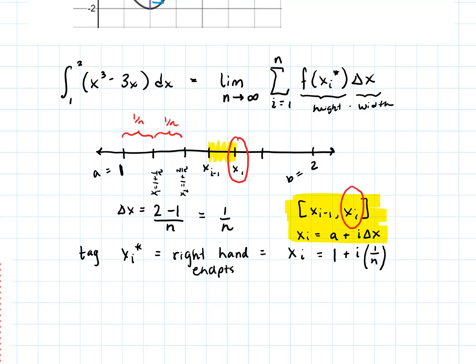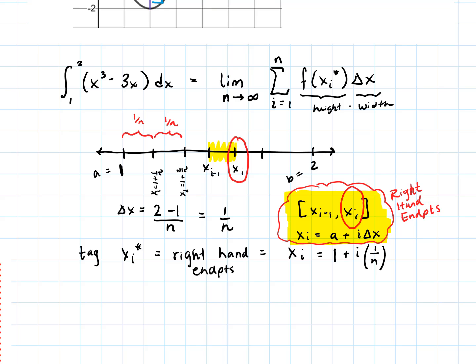When we look at the right-hand endpoints of subintervals of an interval from a to b, we do get this formula. So if we know delta x and we know a, we can find what the right-hand endpoints are. Make a little note in your notes that this is handy if you're working with right-hand endpoints.